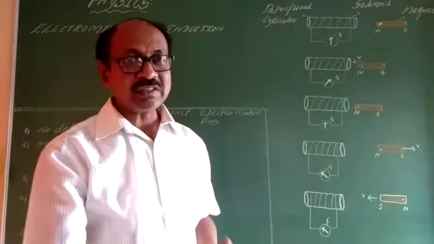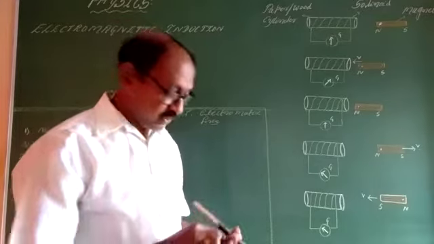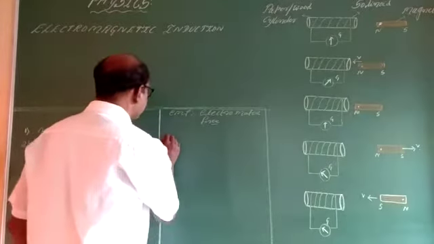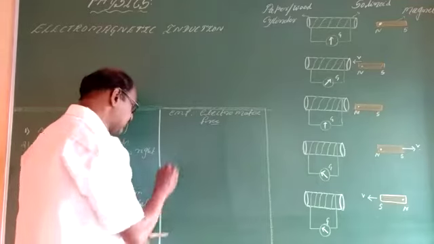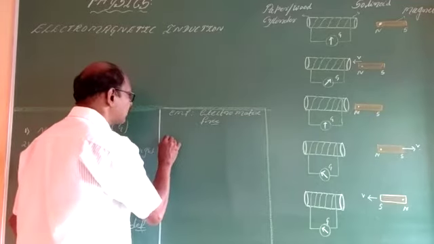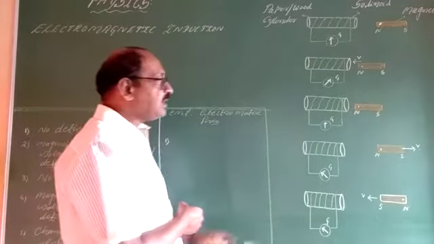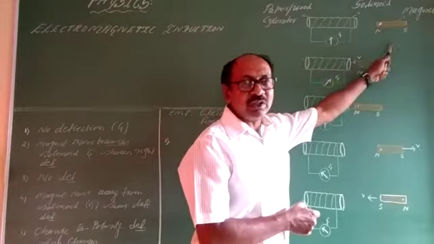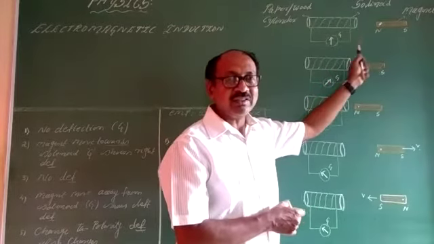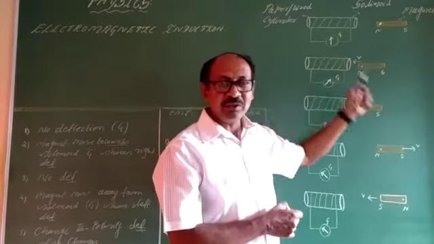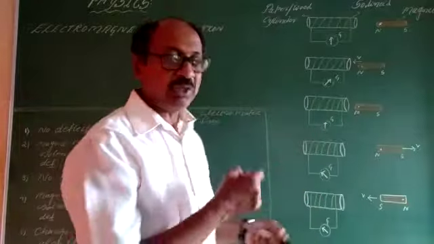So how to increase this electromotive force here? What is the conclusion of this particular experiment? The first conclusion is like this. Whenever there is a relative motion between the coil and the magnet, the current will be produced, or EMF will be produced.